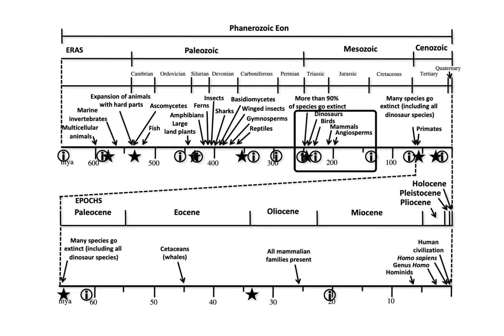And then flowering plants, but then here's this 65 million year ago event that killed the dinosaurs, and about 75% of species went extinct. Here at 250, also note that about 90% of species went extinct.